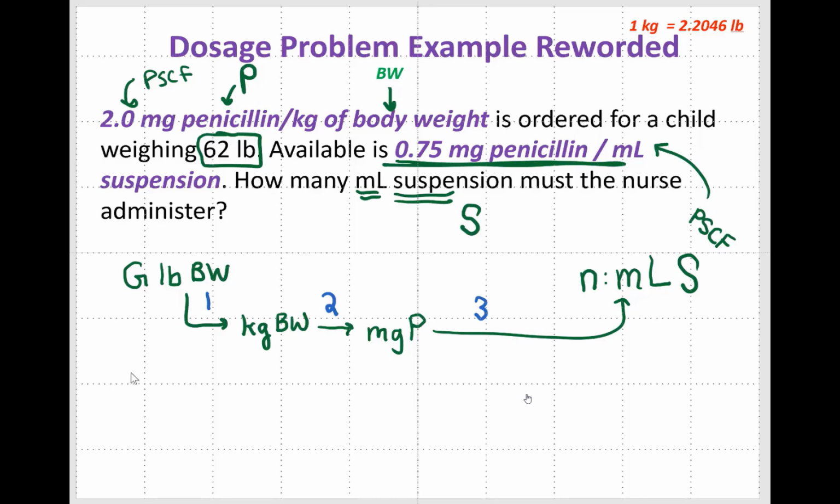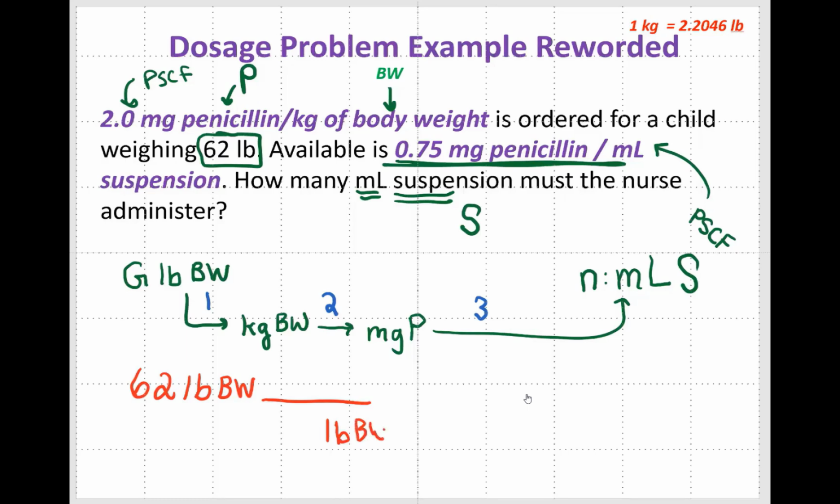And we're going to start with our given. So our given is 62 pounds. And in step 1, we're going from pounds of body weight into kilograms of body weight. So pounds goes on the bottom, so it cancels.